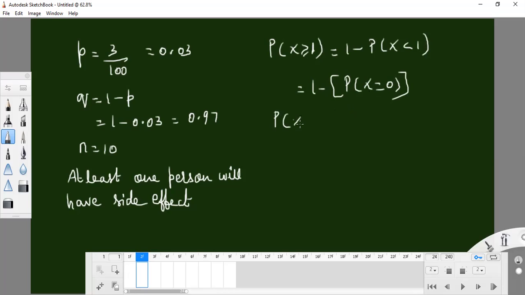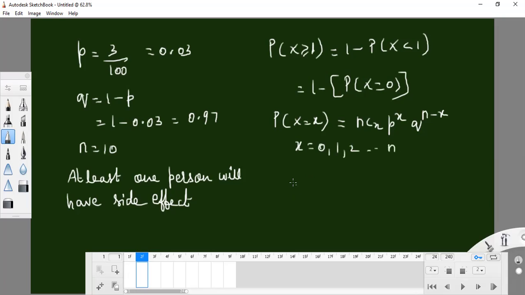What is the binomial formula? Binomial distribution: P of x equal to nCx p power x q power n minus x. X can take the values 0, 1, 2, up to n.